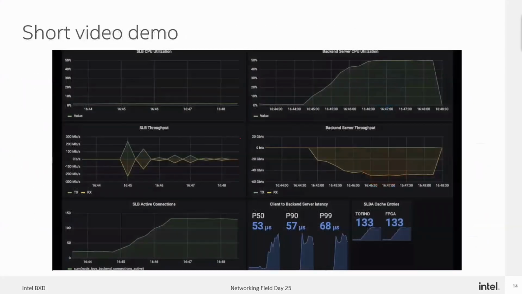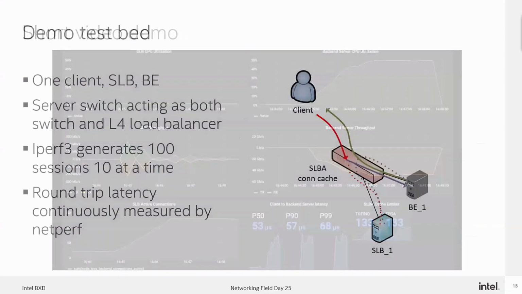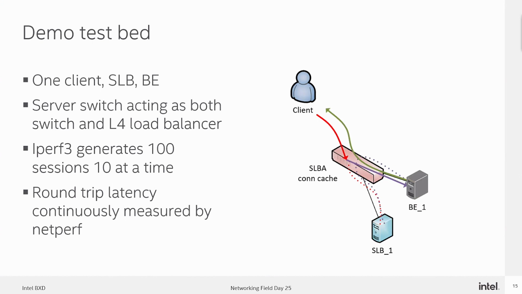So now I'll show you some of this in action in a short video demo. Before I do that, let me quickly describe the testbed that we used to record this video demo. We've got a minimalistic testbed, as we don't have that many data centers around to play with.